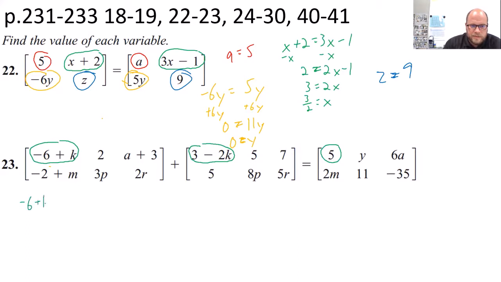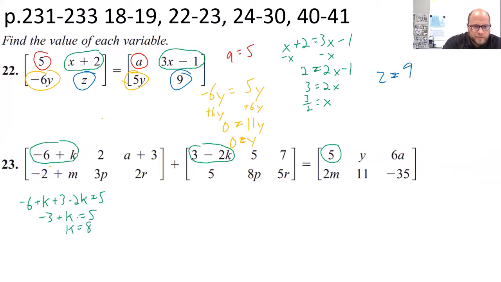So -6 plus k plus 3 minus 2k equals 5. Combine like terms, -6 and 3 gives us -3. Positive k and -2k gives us 1k, or just k. Then bring the 3 across by adding it, and k is equal to 8.